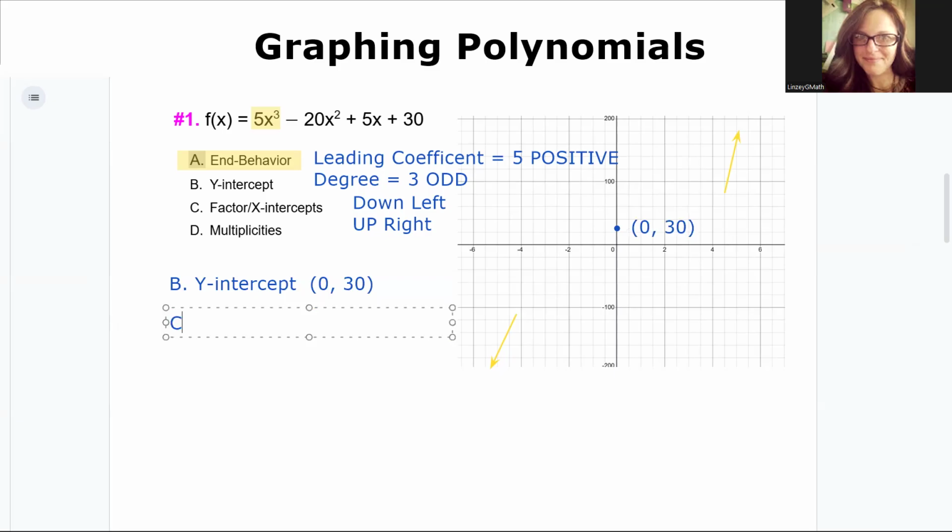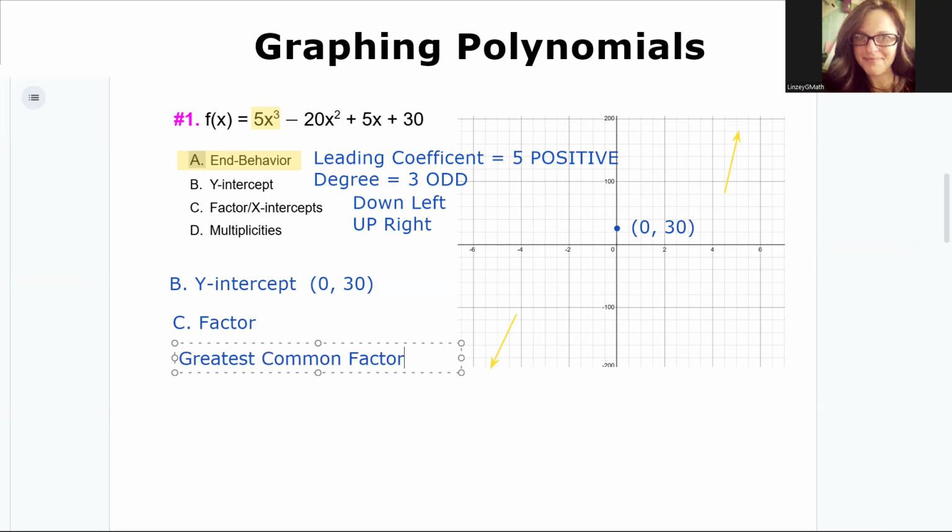All right, let's factor to find the x-intercepts. You could always use the rational root theorem to determine all the possible roots, but we've got a greatest common factor.